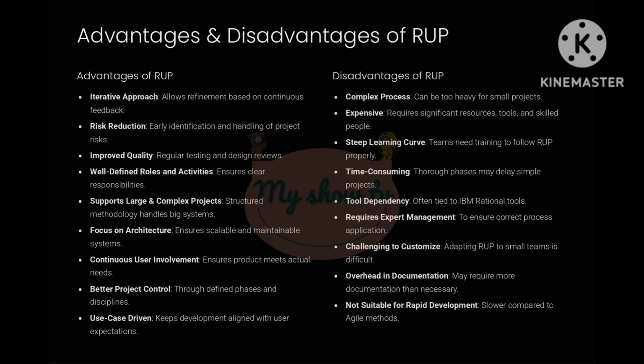Needs expert managers. Incorrect use can create more issues. 7. Hard to tailor for small teams. RUP is designed for large teams, making it difficult to scale down. 8. Too much documentation, more paperwork than agile methods. 9. Not fast for quick deliveries, slower compared to agile or lean approaches.